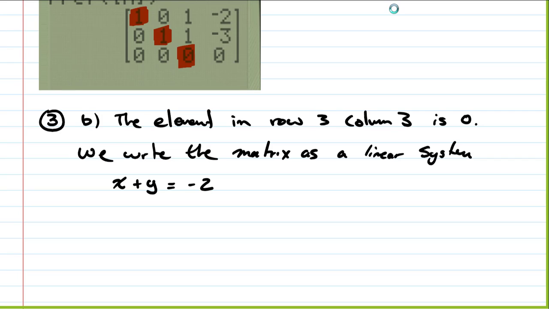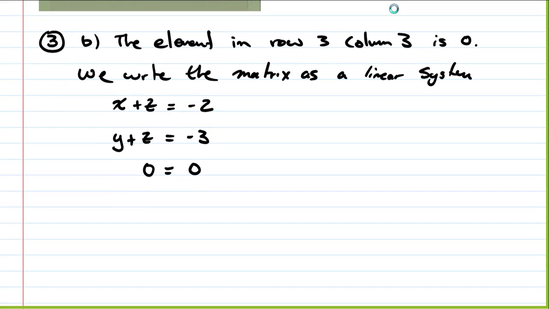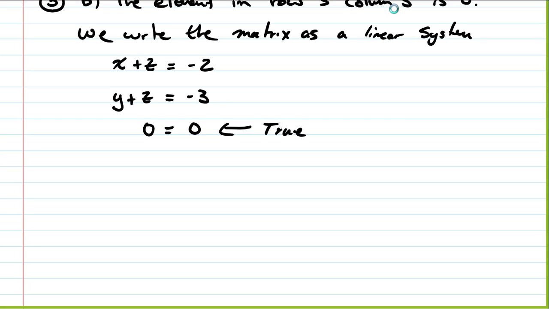Our second equation is y plus z equals -3. And our third equation is 0x plus 0y plus 0z, so 0 is equal to 0. So we look at this equation, and it's true. Does 0 equal 0? Sure. So this has an infinite number of solutions.